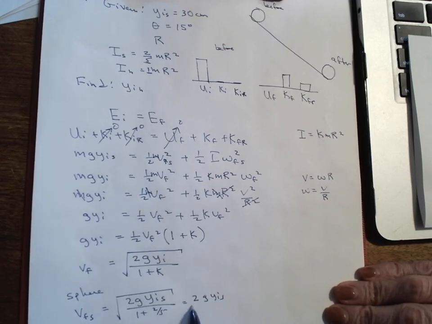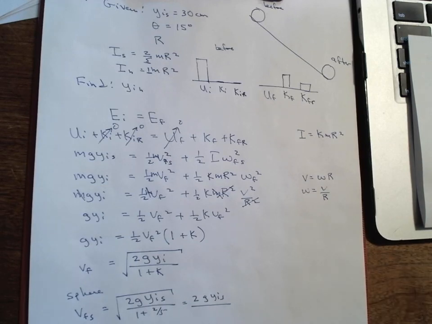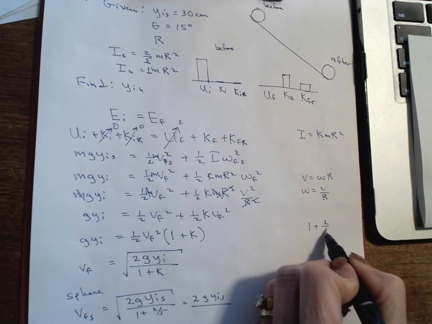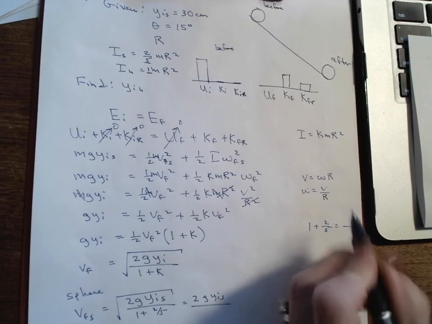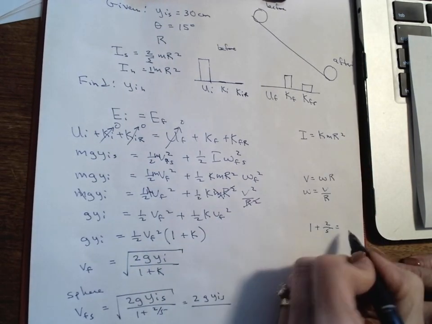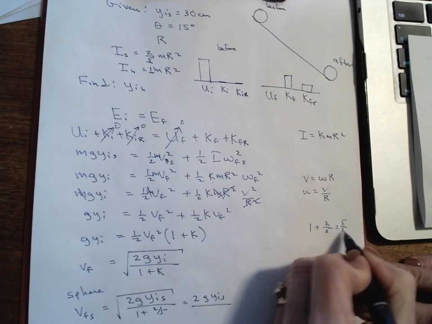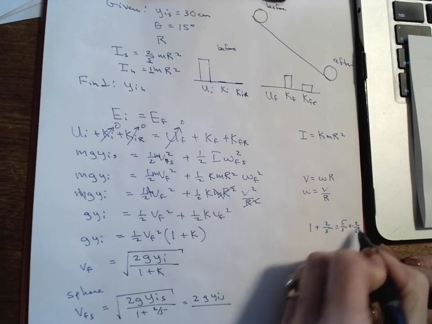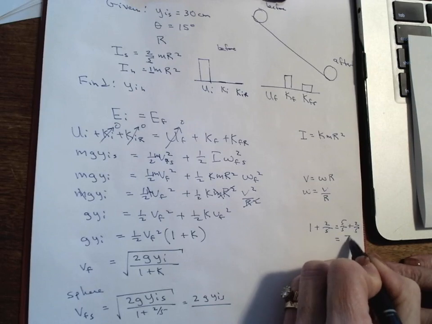And so we can rewrite that as the square root of 2g y initial of the sphere over, and now I have 1 plus 2/5. I'm going to turn the 1 into a fraction, so I'm going to call this 5/5. That's equal to 1 plus 2/5, so I get 7/5.